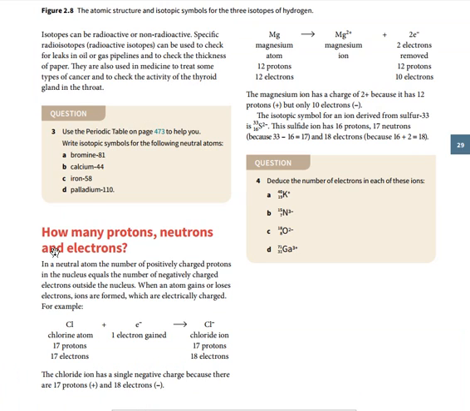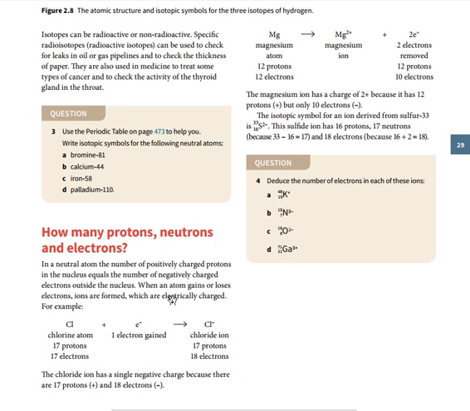Now we need to know how many protons, neutrons, and electrons there are. In this reaction, you see that chlorine has 17 protons, 17 electrons. But when it gains one electron, it becomes the chloride ion, and this has 17 protons and 18 electrons. But we need to know that the mass difference between the chlorine atom and the chloride ion is very negligible, because electrons are very, very small.